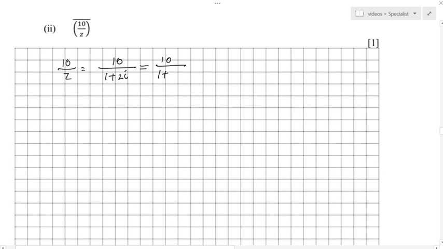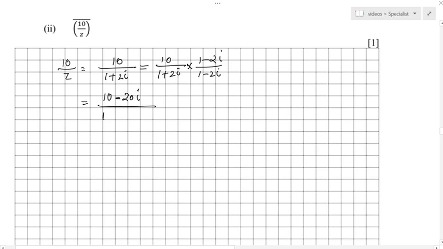So 1 plus 2i, 1 minus 2i, 1 minus 2i, and if you just multiply, that becomes 10 minus 20i divided by... I'll get the real term by multiplying real and imaginary parts.